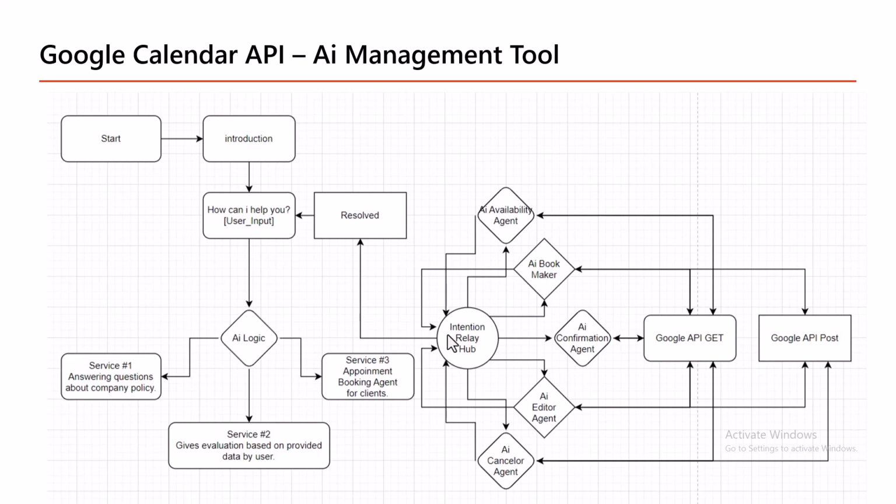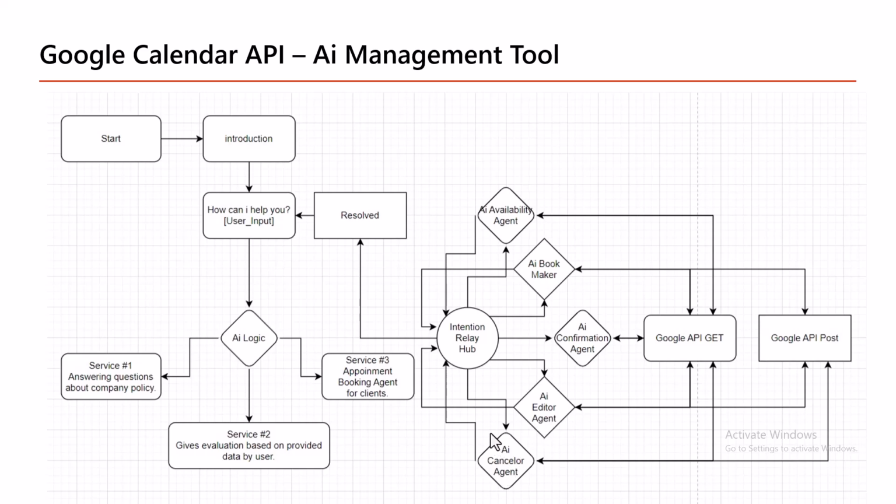The AI logic will determine where the user input will be sent to one of these five agents, which are basically the same AI, but there are five AI logics for checking the availability, for making a booking, for getting the confirmation of a booking, to edit a booking that's already been made, or to cancel a booking.